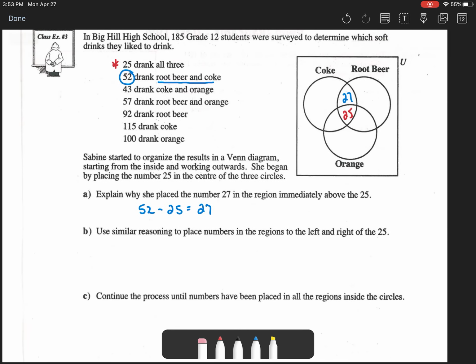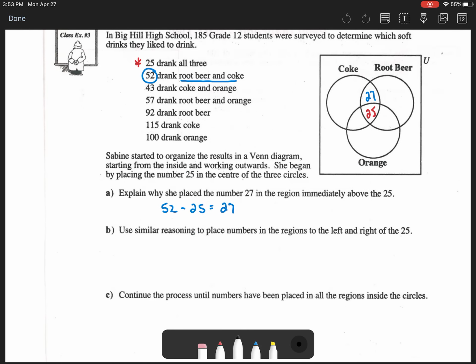It says use similar reasoning to place numbers in the region to the left and the right of 25. So if you take a look at Coke and orange next, there should be 43 there. The area that they're talking about here is here.